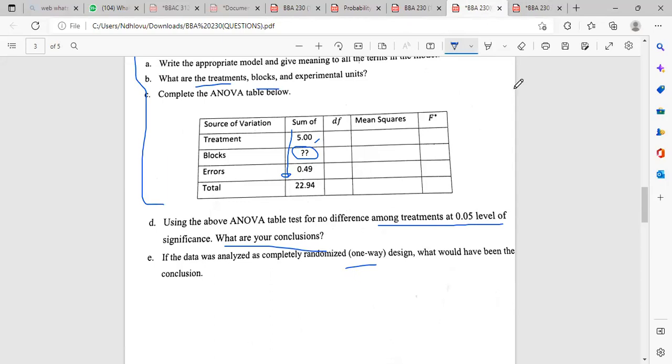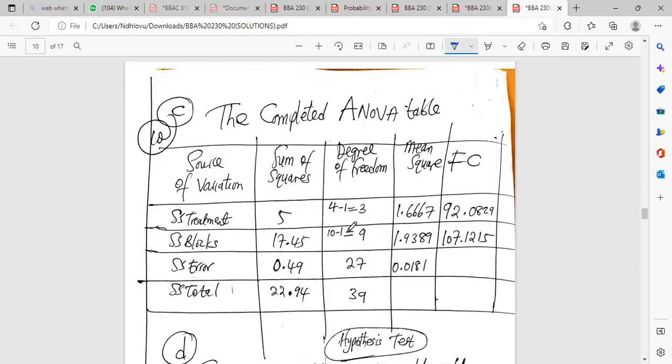That is where 17.45 came from. The degrees of freedom for the treatments were 4 minus 1, which is K minus 1, based on the table I gave out. The blocks were 10 minus 1.